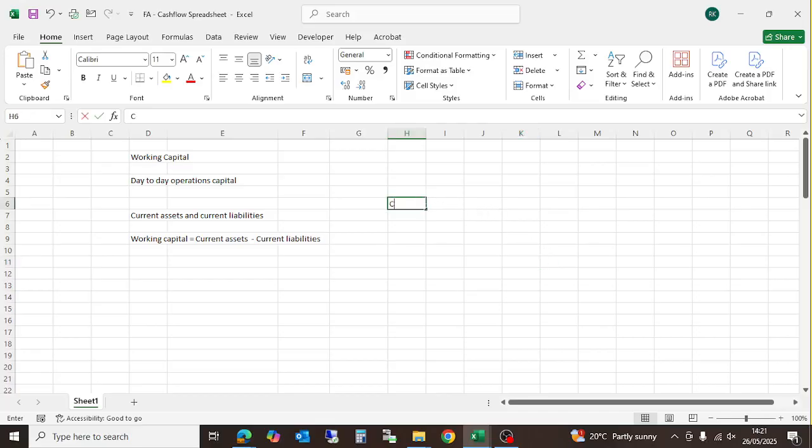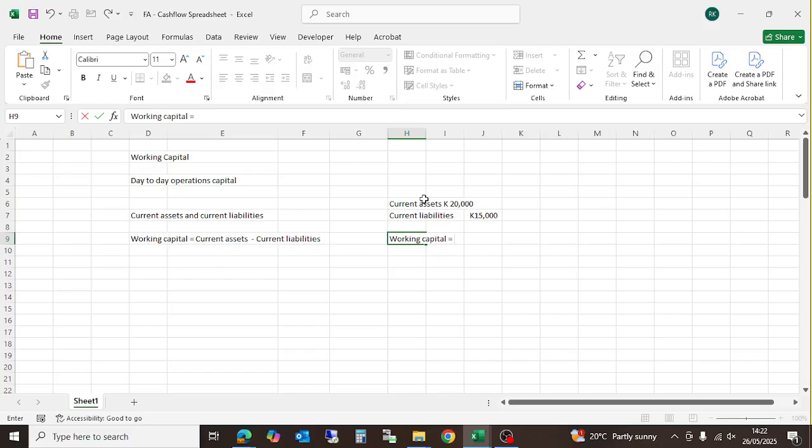For instance, if our total current assets, our short-term assets, are, let's say, 20,000 kwacha, and our current liabilities, which are our short-term liabilities, are maybe 15,000 kwacha, this means our working capital will be the difference between the current assets and the current liabilities.